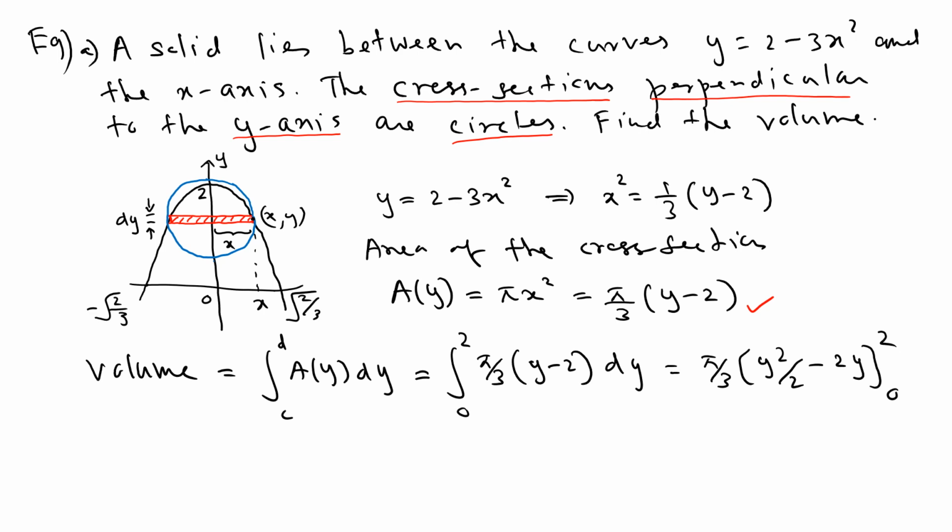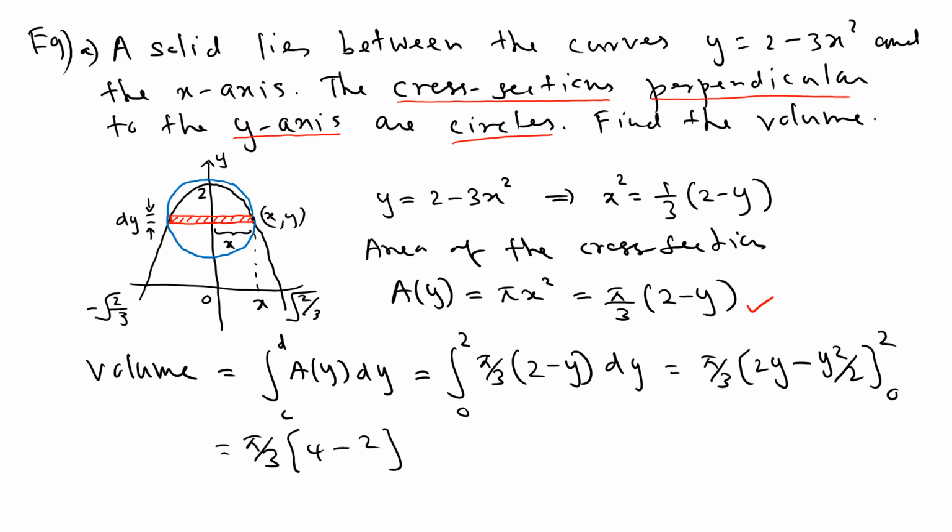When you plug in 2, you get 4 minus 2, which is 2. So you get 2 pi over 3 units cubed. That's the answer for the problem.